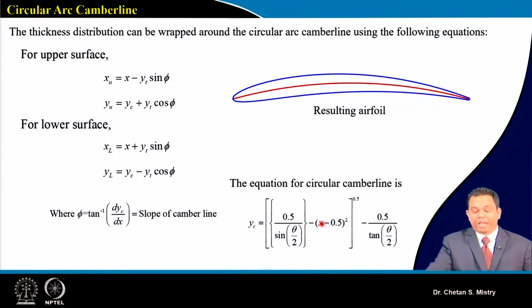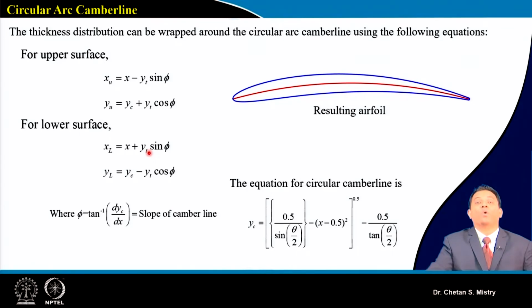And what is my camber line? Here, this is my camber line. This is my equation, and based on that we calculate phi at different locations. Be careful: at different locations we get our slope, we put that in this equation, and that is how we calculate the coordinates of the upper surface and the lower surface.